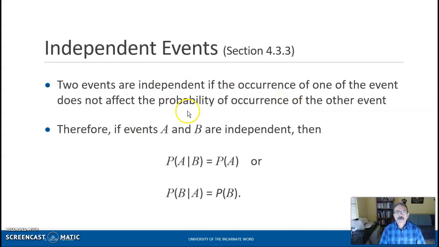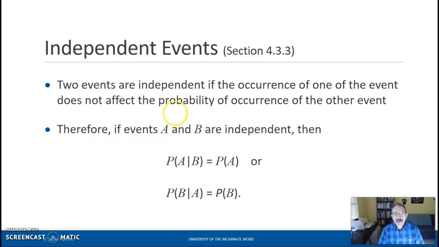So if we have independent events, that means that if we condition on a particular event and then we ask the probability of another event, because they're independent, the conditioning will not affect the probability of that event. More specifically, let's say we have events A and B, and those events are independent.